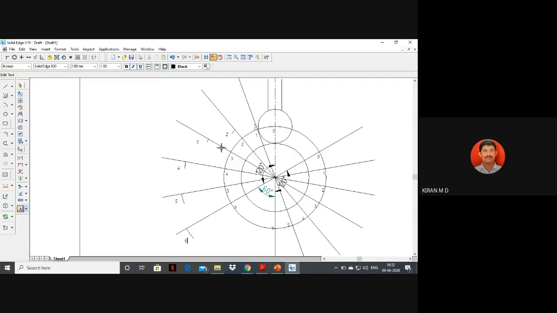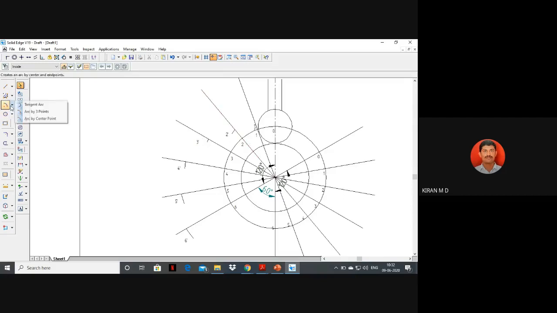Now you can observe this is the center of the roller. This is the cam base circle. We use this roller to get the tangent for this roller. So 0 is the center of the roller, 1 dash is also the center of the roller, 2 dash is also a center.